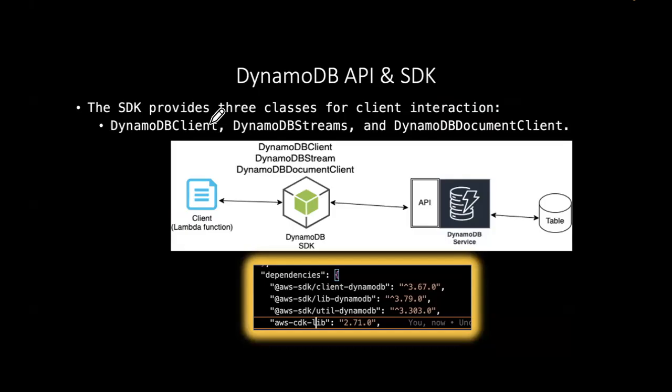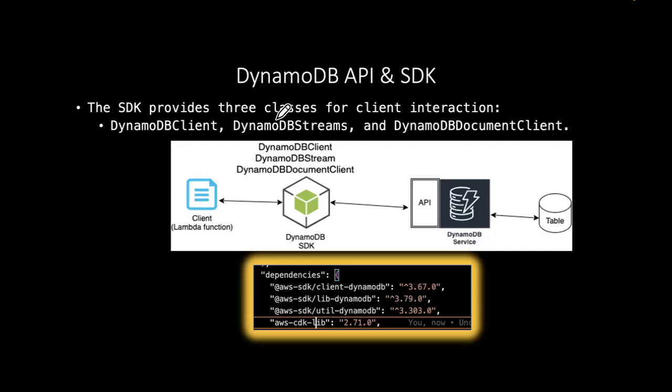You could have a piece of TypeScript or JavaScript code that you're running from just your desktop machine, and you would simply import the DynamoDB SDK. Then, in order to talk to DynamoDB, which is remote, you would use these classes here. This one here is the base level class.